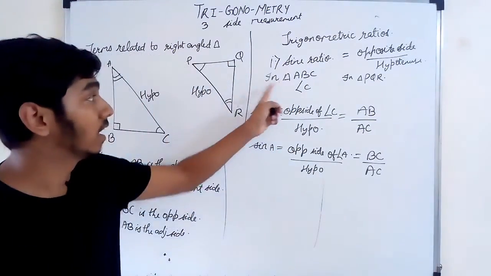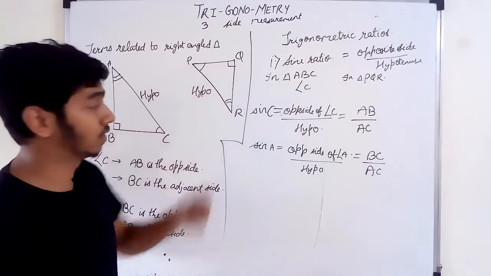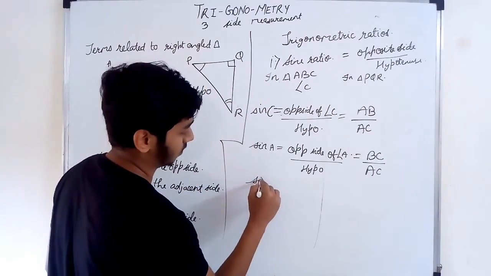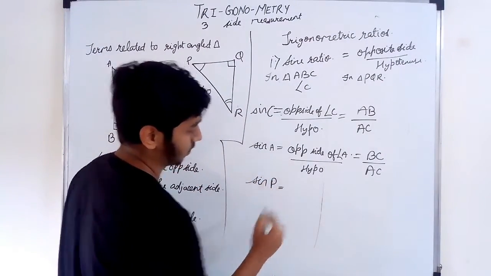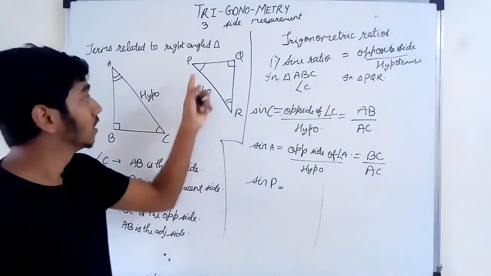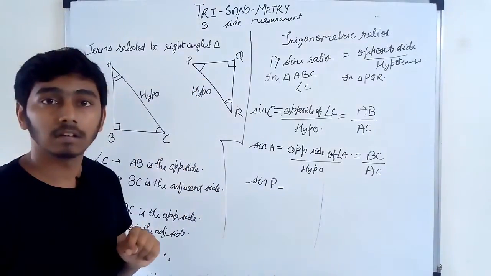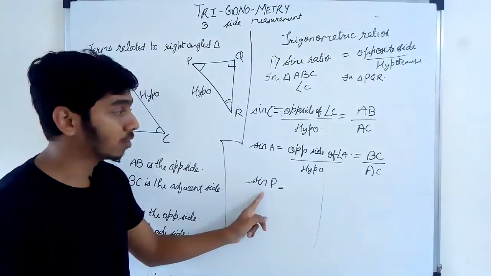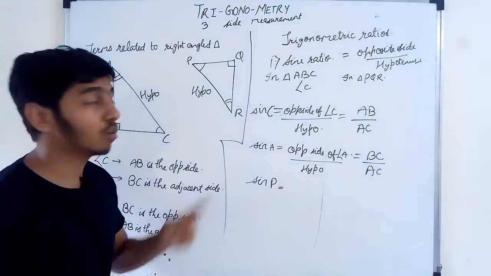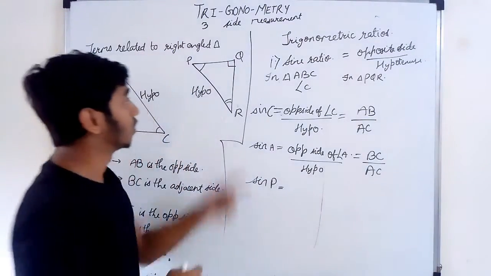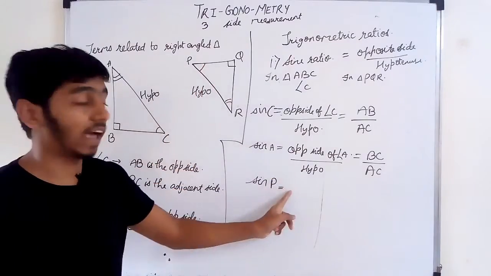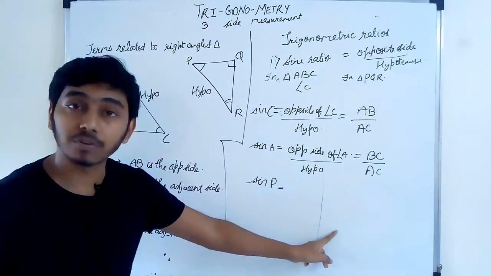If you want to find for this triangle, sine P, how do you find it? You know, opposite side of angle P upon hypotenuse.